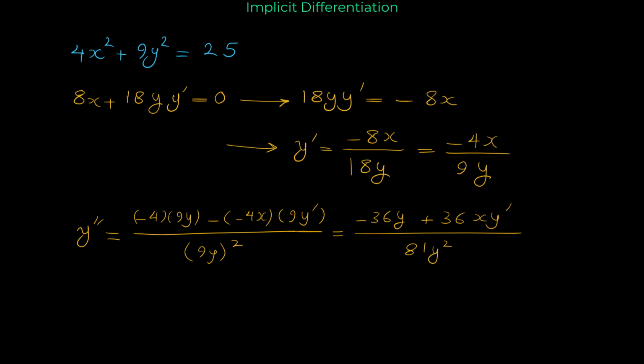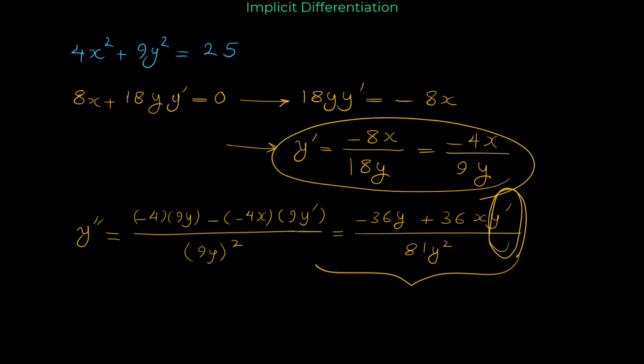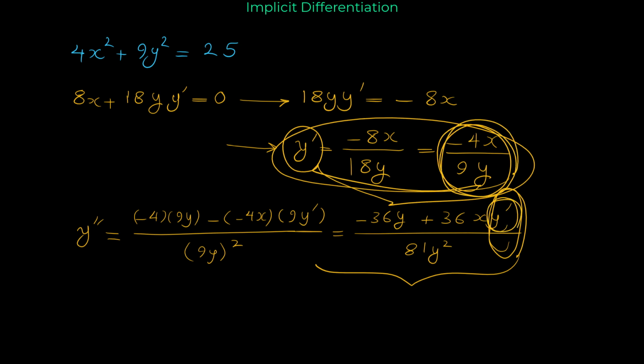Attention, here we have to do something to find y double prime. y double prime is this, but here we have y prime, and from this we know that y prime is negative 4x over 9y. So we have to replace this y prime here with this expression.